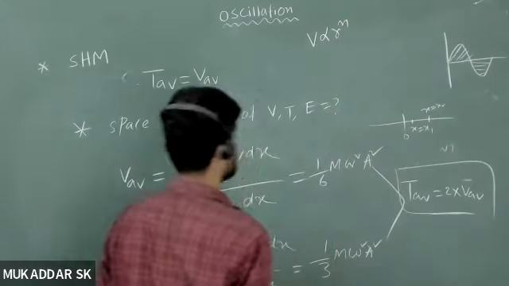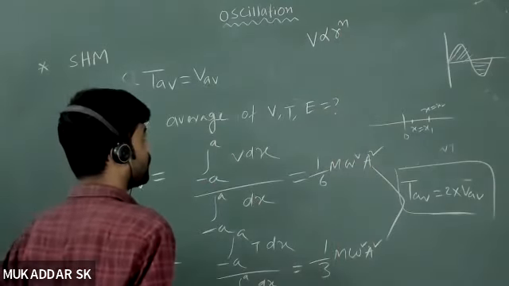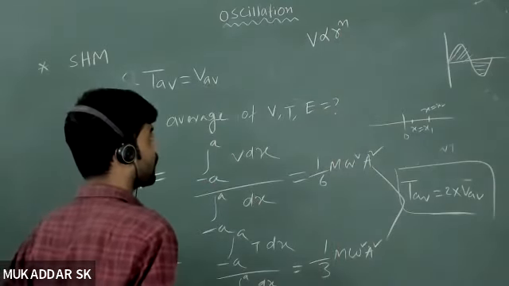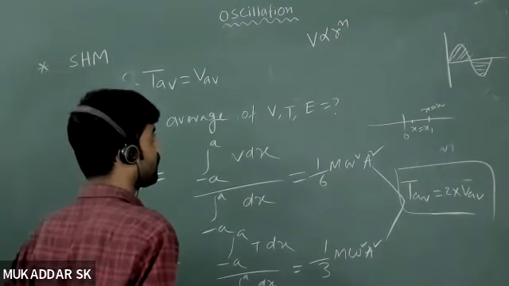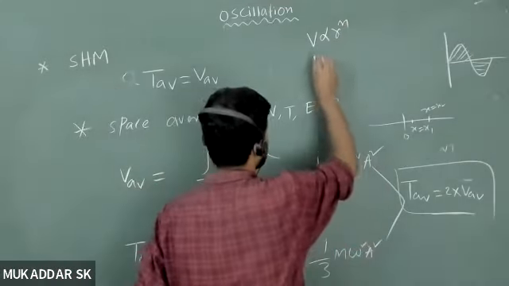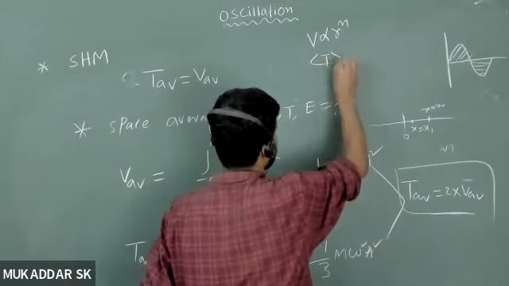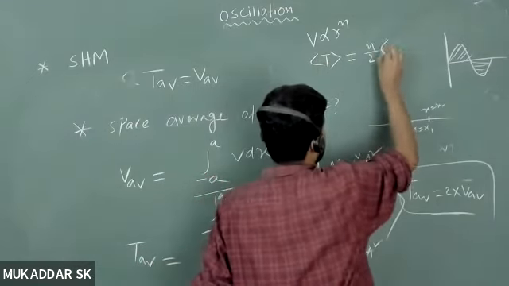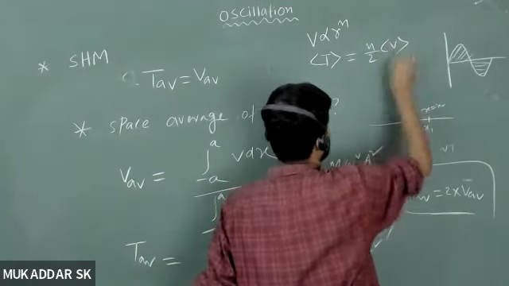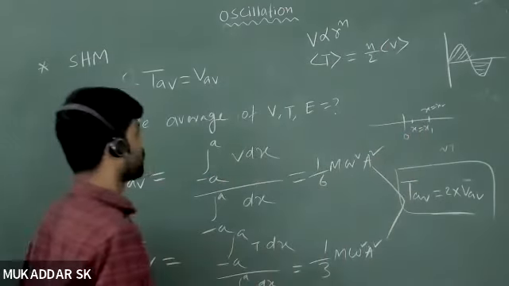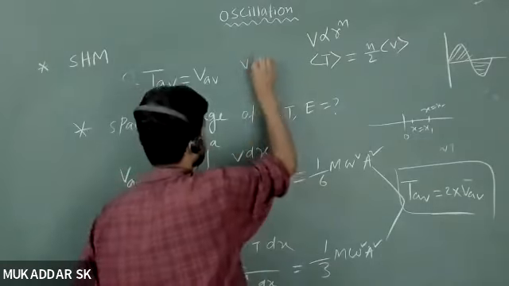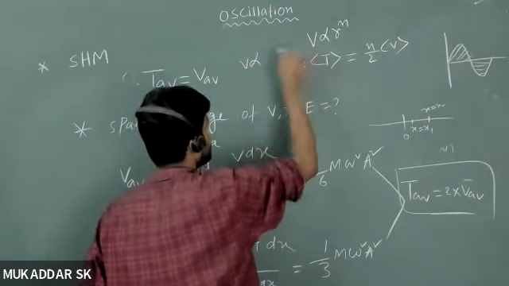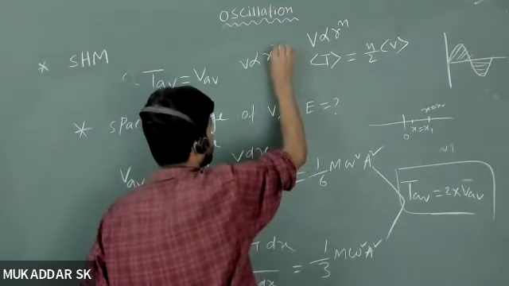You should remember this. Suppose V is a function of r to the power n, where r is the position vector and n is an integer, then the average value of kinetic energy will be n by 2 times the average value of potential energy. And for an oscillator, V is proportional to x square.